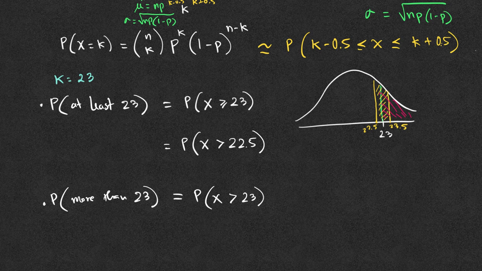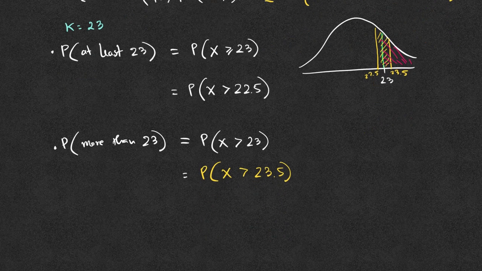To make sure that it's not in the shaded region, we're going to correct this as the probability of x greater than 23.5. In this range, note that 23 is not included. And again, this is what we call a continuity correction.